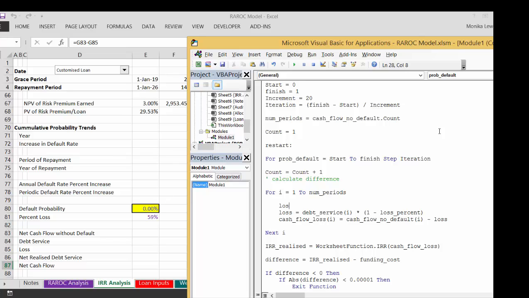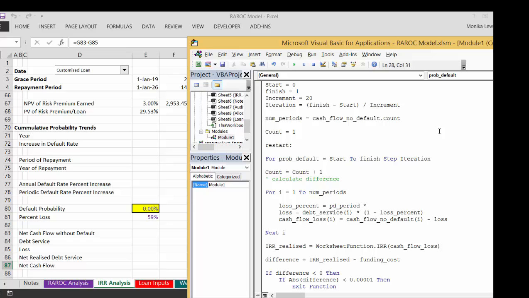The loss percentage equals the probability of default for the period, because what we're trying to really do is get the starting probability of default.